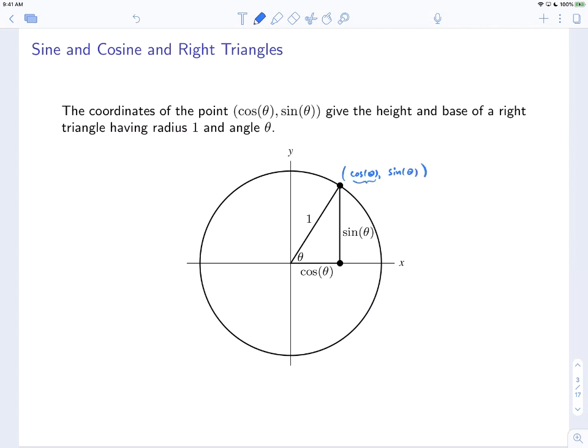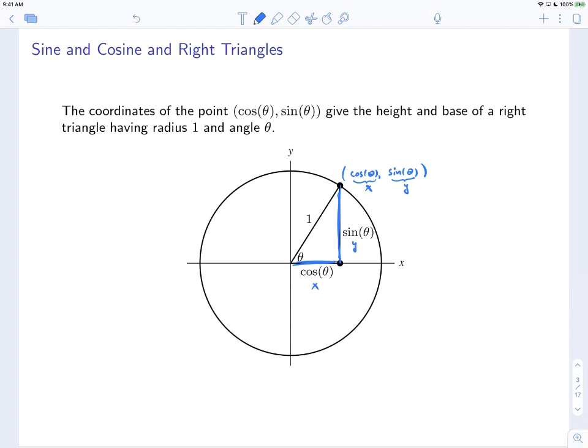Cosine of theta, that's the x-coordinate, so that gives us our horizontal distance away from the y-axis. Sine of theta, that's our y-coordinate. That tells us our vertical distance away from the x-axis, so that tells us how high our triangle is.